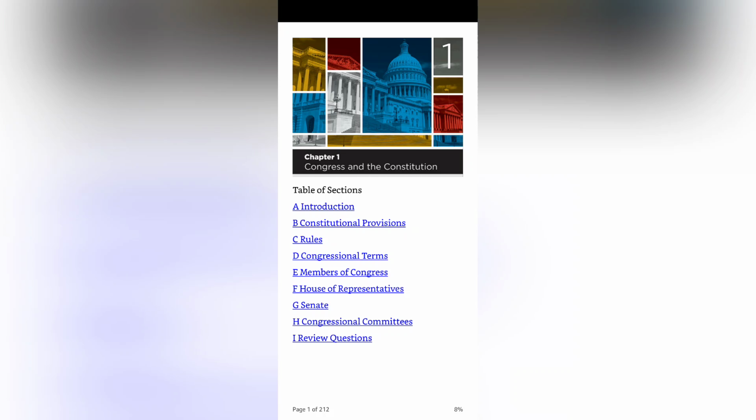The House has developed rules that provide the ability for a majority to respond in this way. The Senate, Washington's cooling saucer, by contrast, is sometimes referred to as the world's greatest deliberative body.